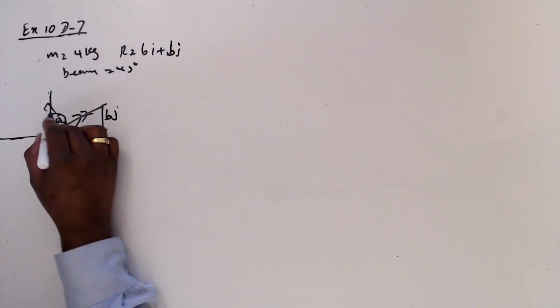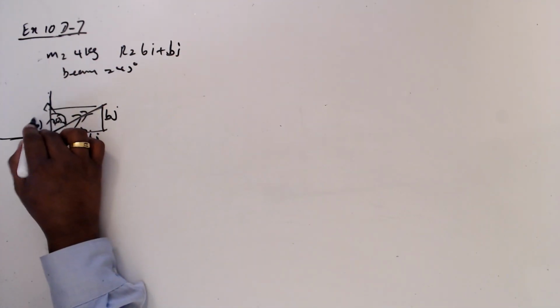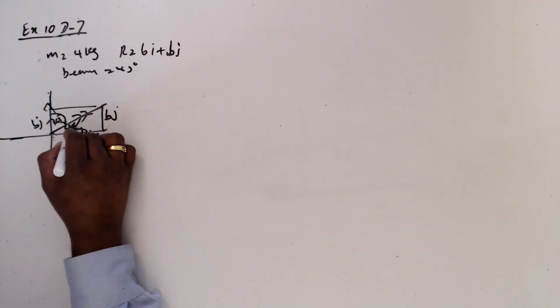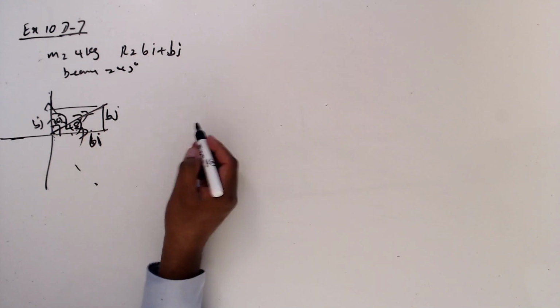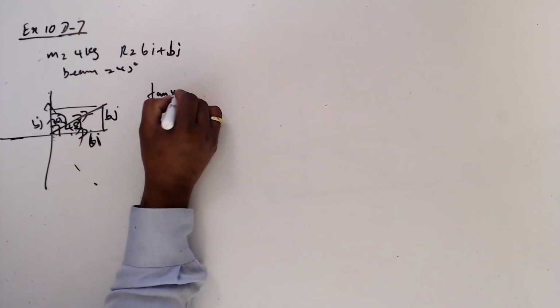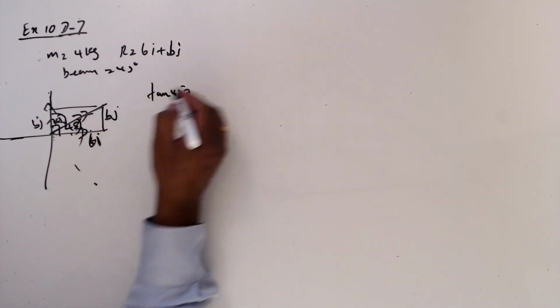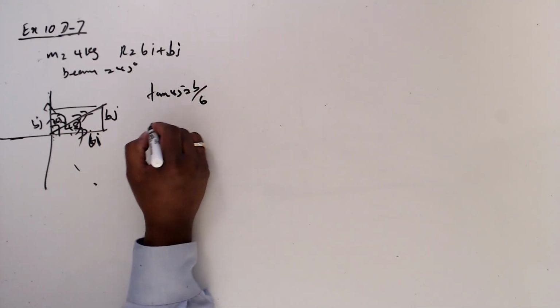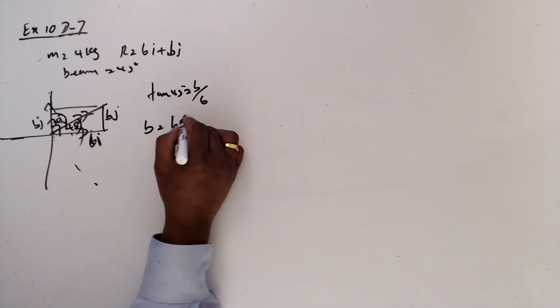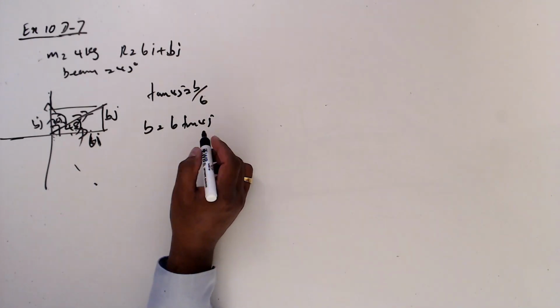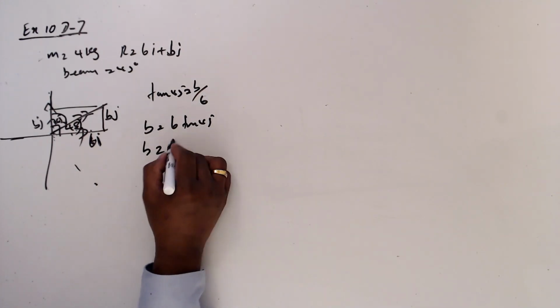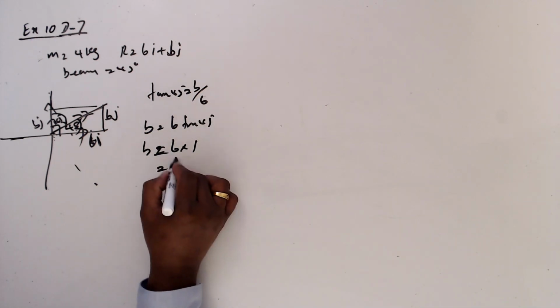This is also 45, because this is 45, then 90, this is also 45. So tan 45 equals B over 6. So B equals 6 tan 45. Tan 45 equals 1, so this is 6 Newton.